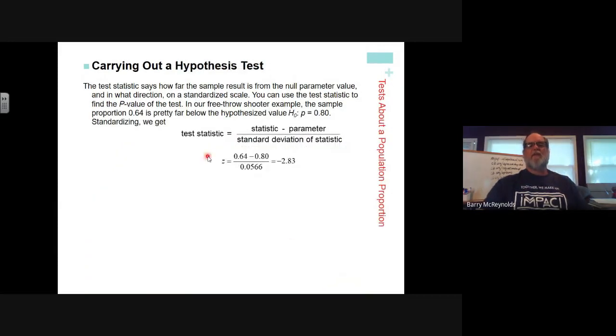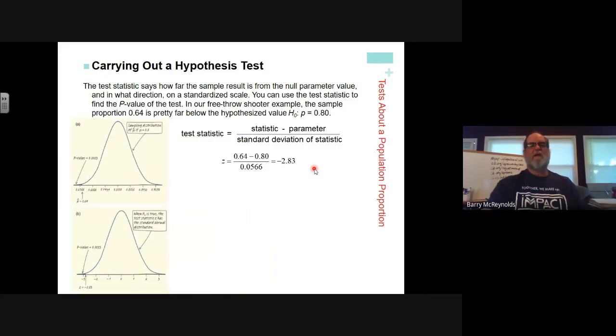so our test statistic, Z, comes out to be negative 2.83. And remember, any z-score that is greater than 2 standard deviations away from the mean, we already anticipate this being a pretty unusual event.